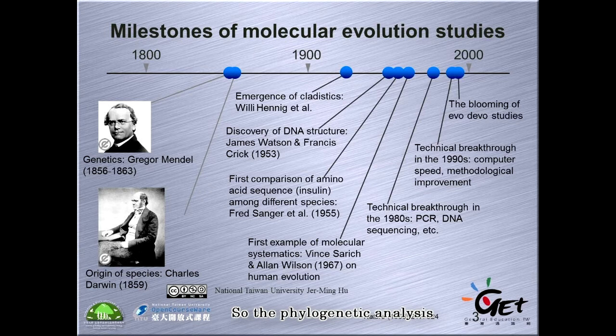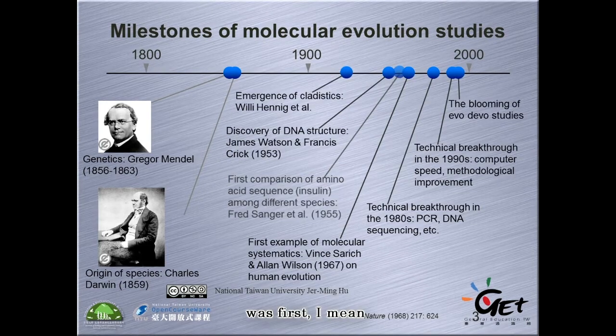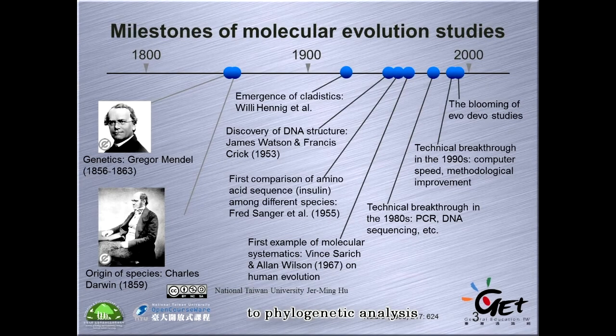So the phylogenetic analysis method was developed in the beginning for the purpose of using morphological data. But the same method can be applied to DNA or amino acid sequences as well. In fact, amino acid sequences were first applied to phylogenetic analysis before the nucleotide sequences, but the timing was very similar, about the 1950s and 1960s.